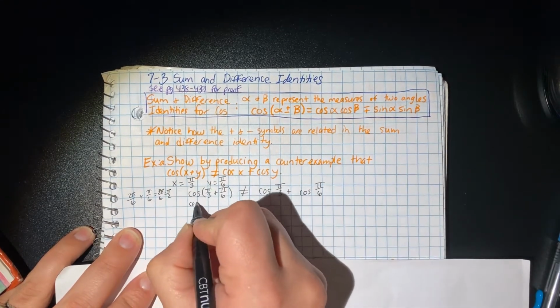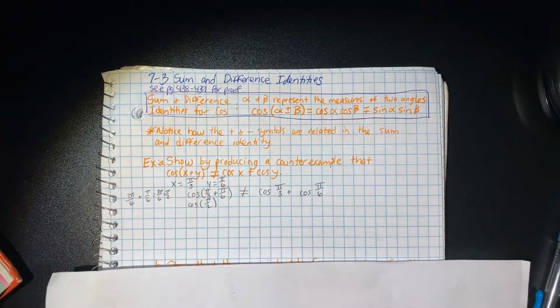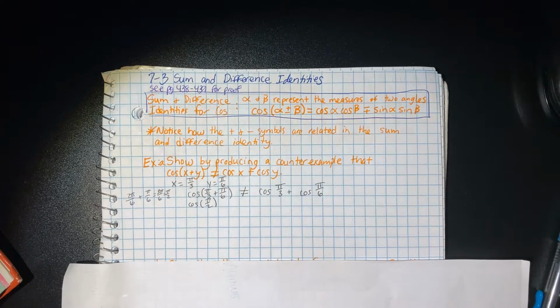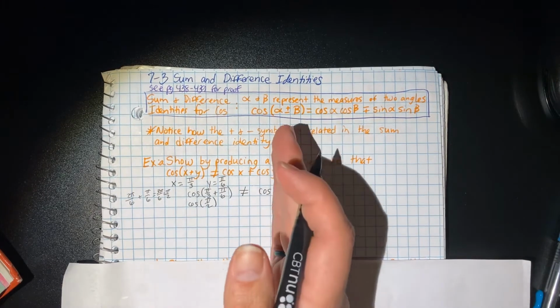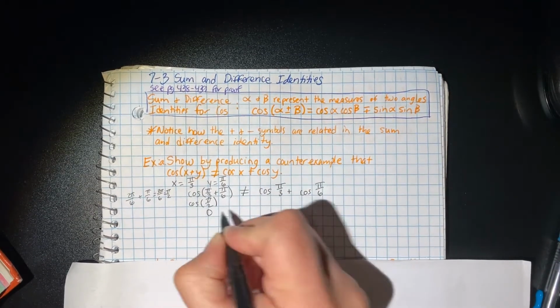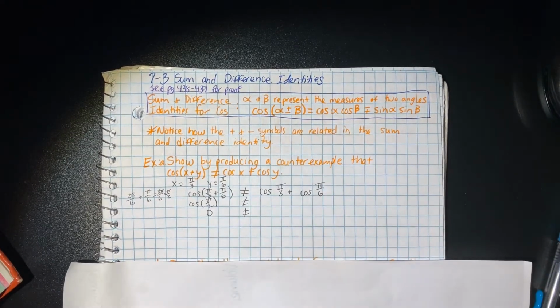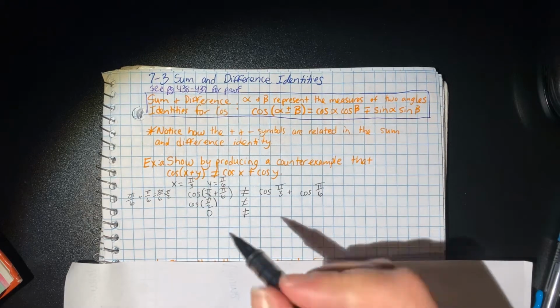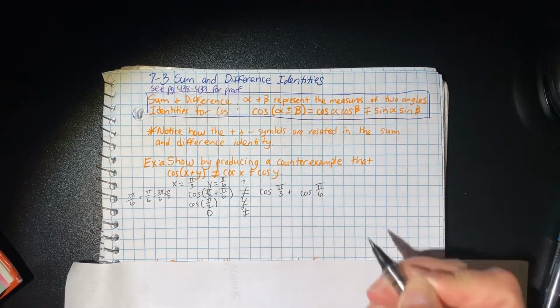So the cosine of pi over 2 is a 90-degree angle. The cosine at that point is 0. You could put a question mark here to show that we're working to prove that.